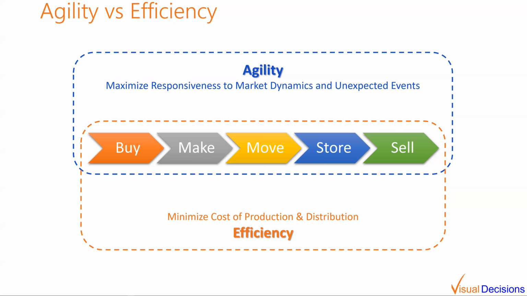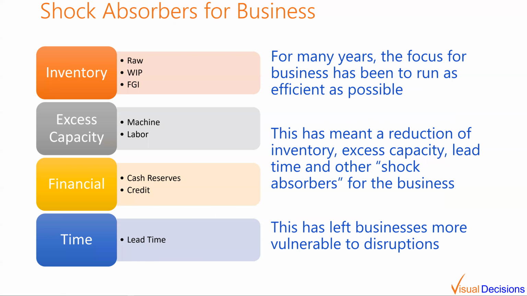And as we're looking at these trade-offs, what we have in business are shock absorbers. And these are things that businesses put in place in order to be able to deal with disruptions. And these are things like inventory, whether that's raw material inventory, work in process, or finished goods inventory, where you're looking at being able to cover for disruptions in the supply chain or in your demand cycle.